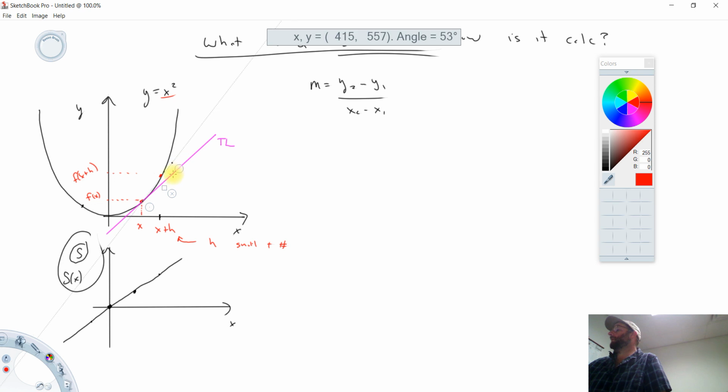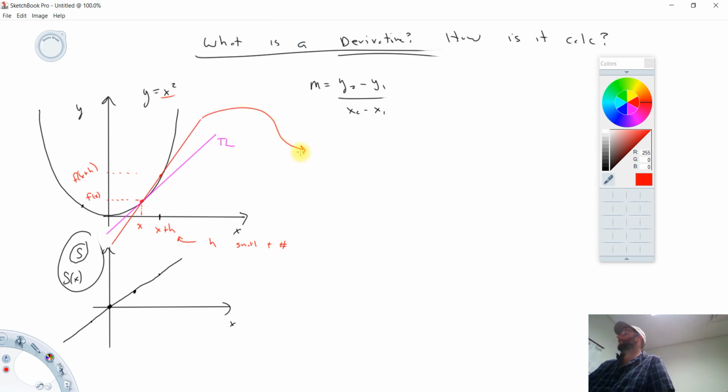This line here, I believe the textbooks like to call a secant line. This red one is the slope of the line between 2 points. So we're going to start applying this. Our y2 minus y1 is going to be f of x plus h minus f of x. This is true for any function, any values of x, and any small value of h.